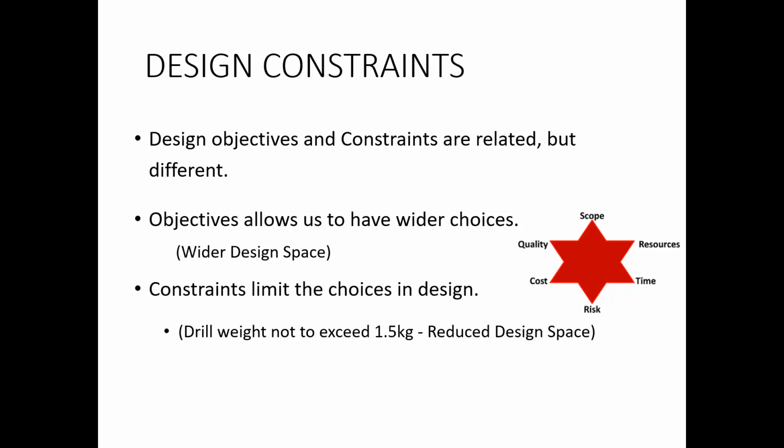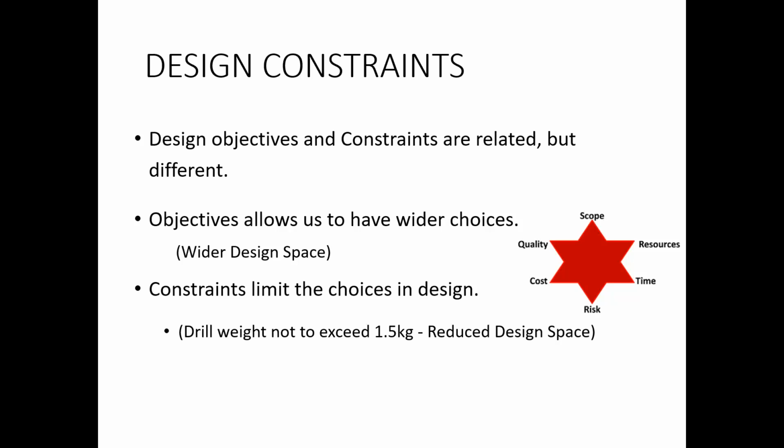Whereas if we are specifying the constraints, for example, the drill weight should not exceed 1.5 kilogram, then there is a constraint that the total weight should not exceed 1.5 kilogram. So we need to make the design or change the design accordingly.